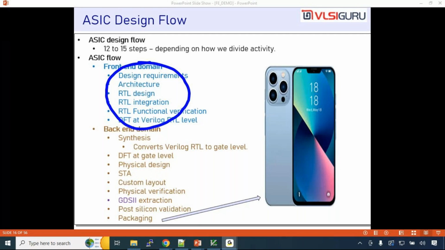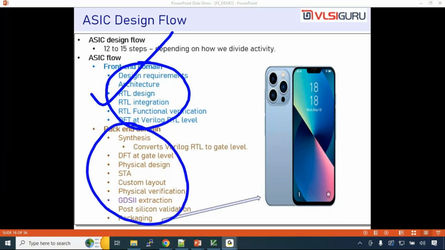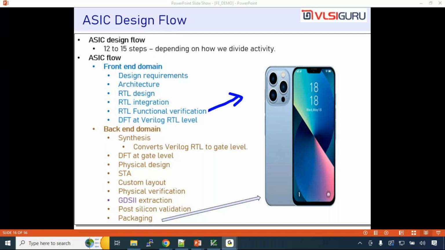I mean, you have some inclination for programming, then you can automatically go for front-end. If you don't like programming at all, and you want to get into a non-programming kind of domain, then you can choose back-end.